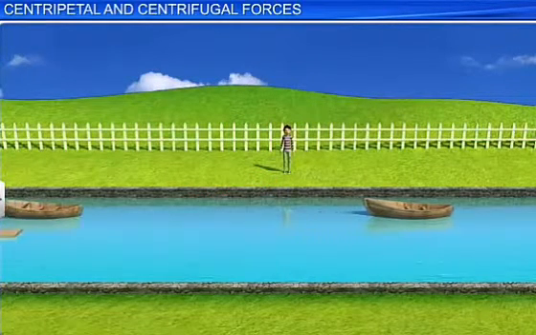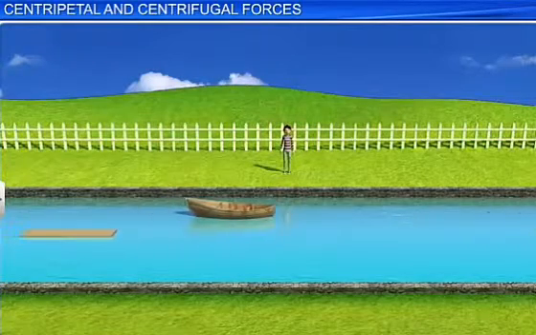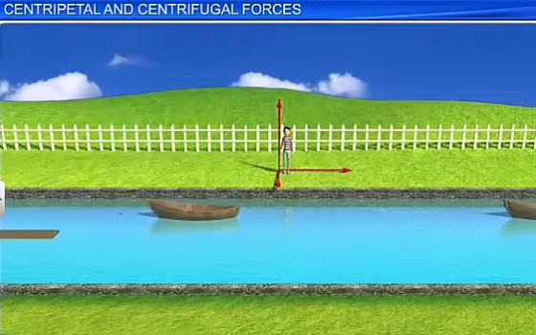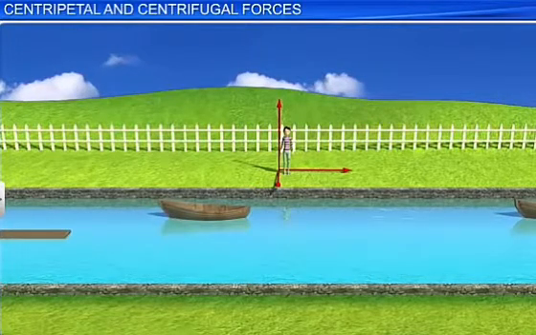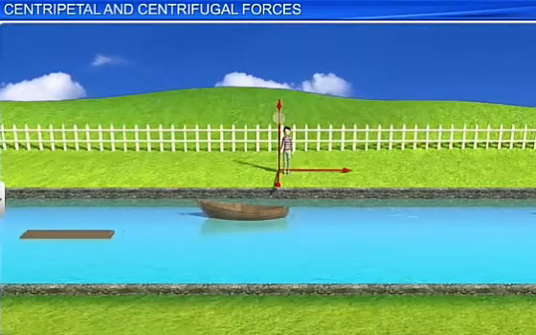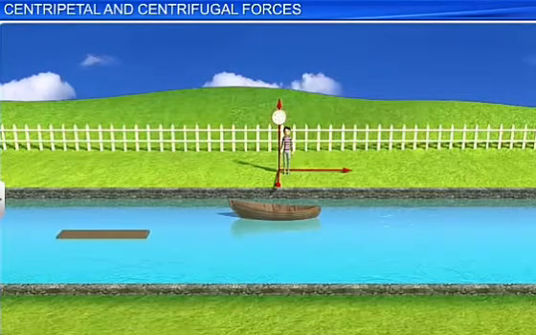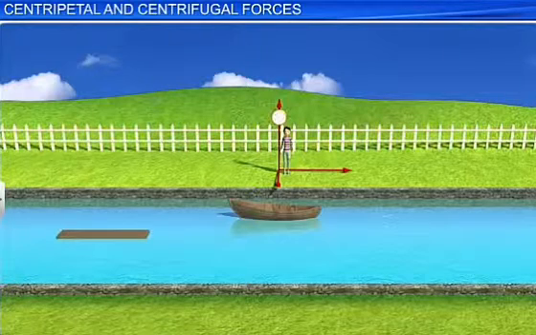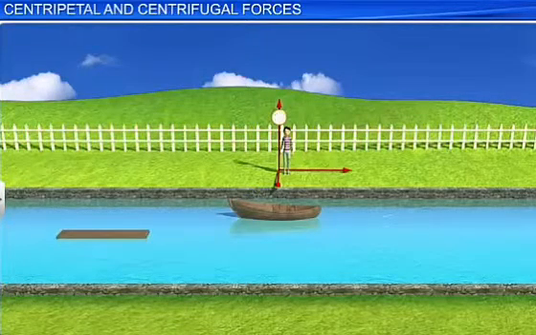In order to find the location of the boat, she needs a coordinate system. She also needs a clock to note the time taken by the boat to move from one position to another.